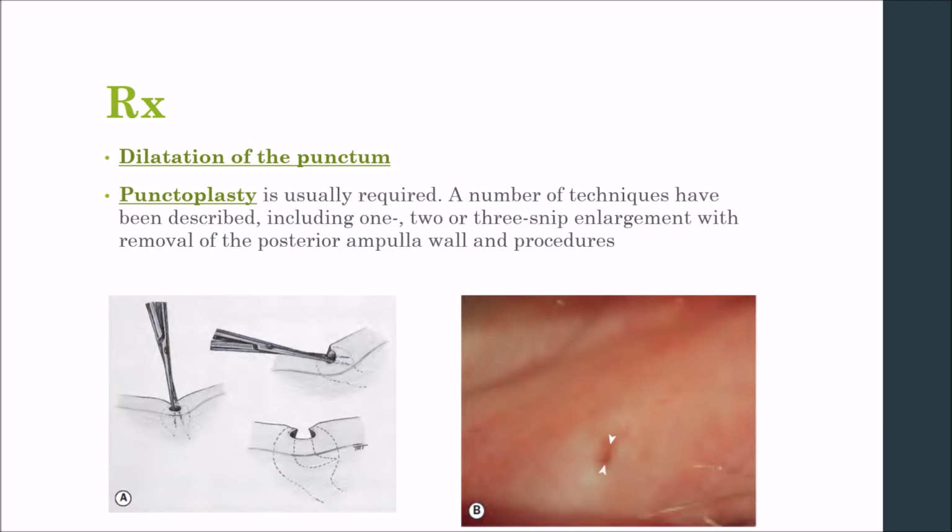This is a 2-snip punctoplasty, where an instrument is passed through the punctum and 2 incisions are made, and post-operatively the arrows show the dilatation of the punctum.